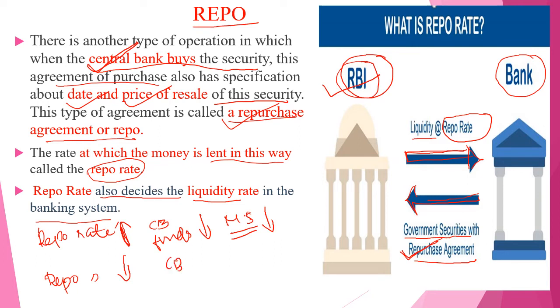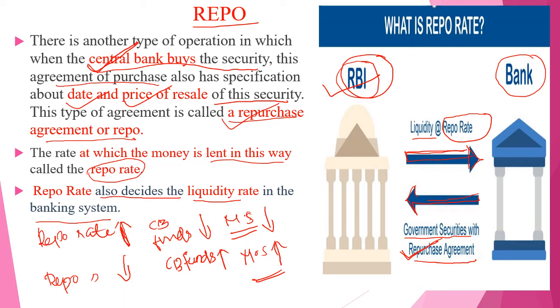Then commercial bank funds increase, meaning there are more funds for giving loans to people. There are more borrowers spending in the economy, so money supply in the economy will increase. Simply, when the repo rate decreases, money supply increases. When the repo rate increases, money supply decreases.